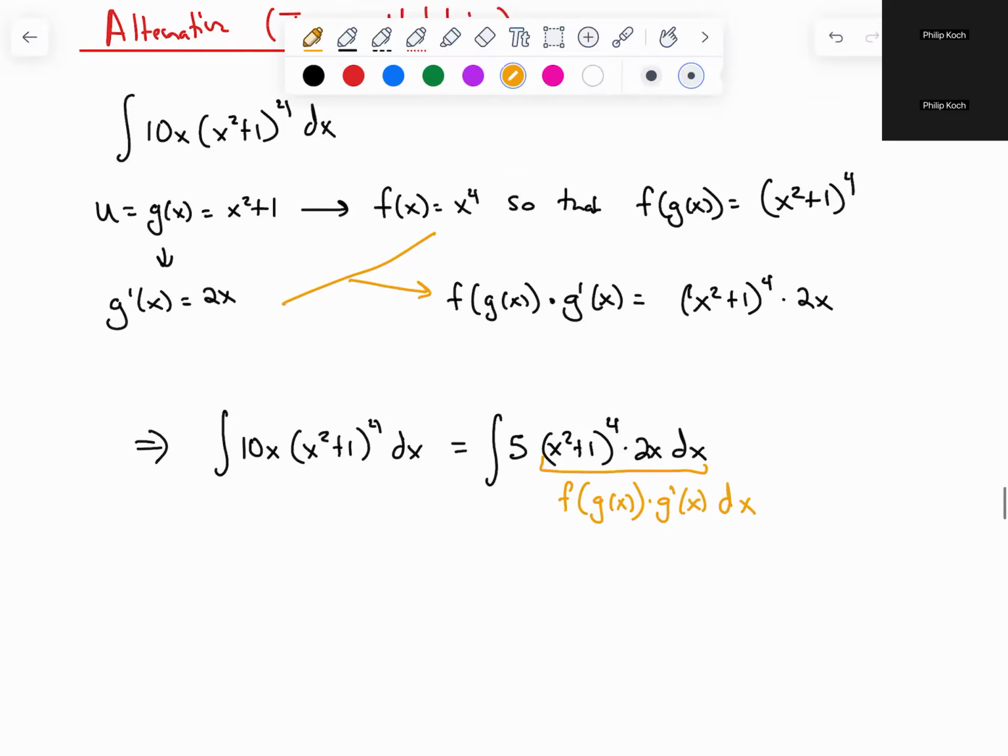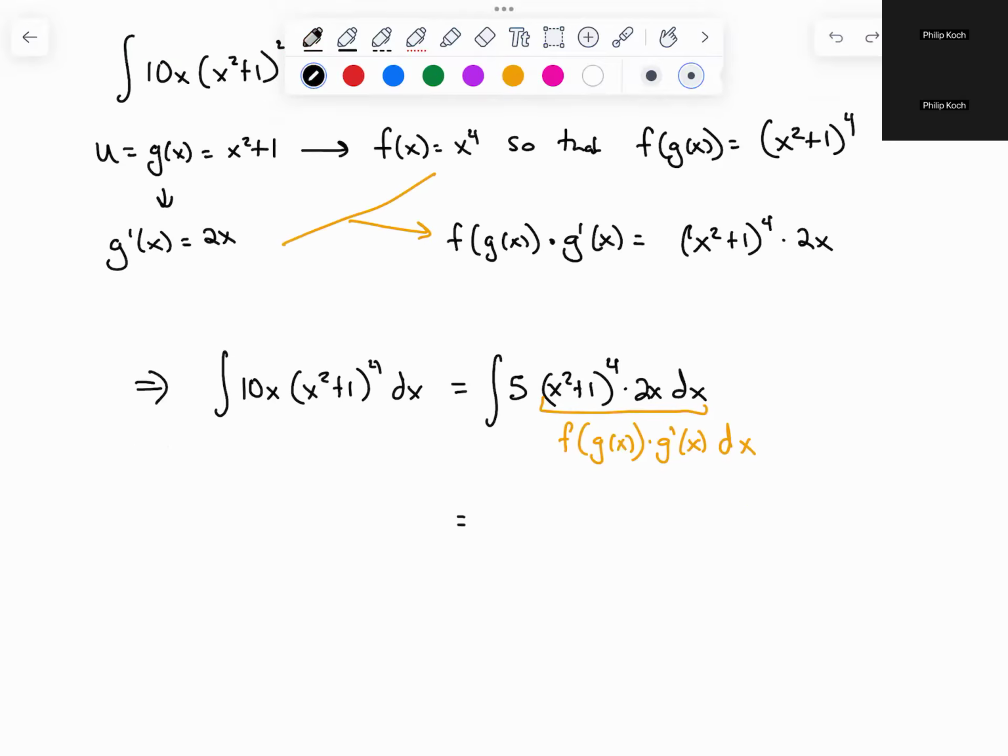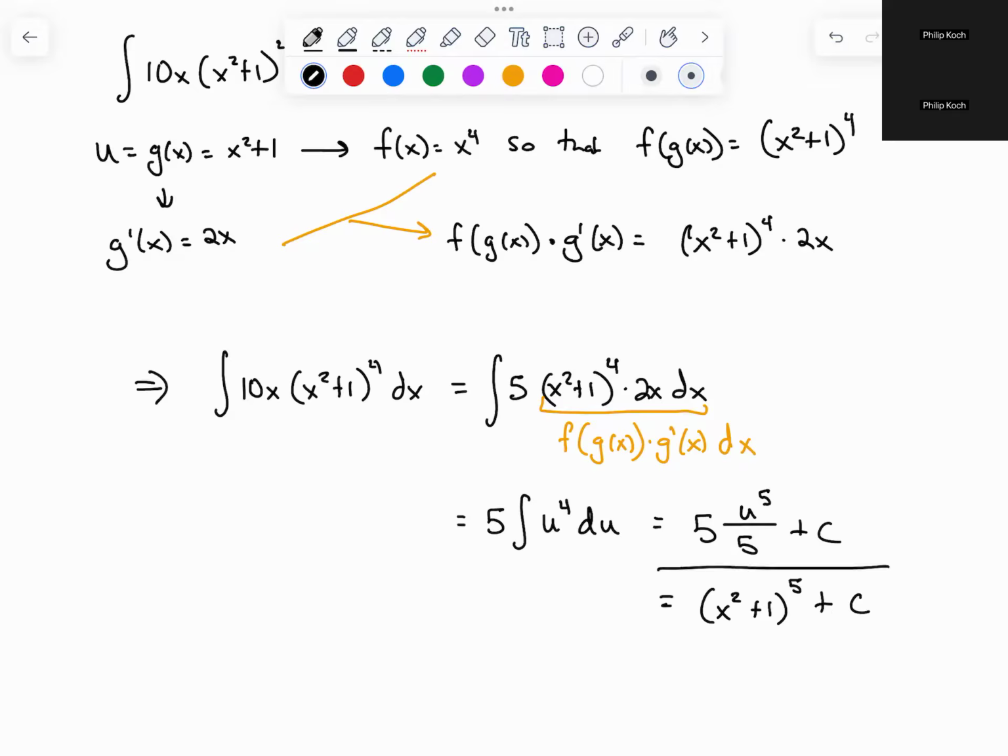And so we have 5 times the integral of u to the fourth du by the integral substitution rule. And then we go from there. 5u to the fifth over 5 plus a constant c, which ends up being (x squared plus 1) to the fifth power plus a constant c.